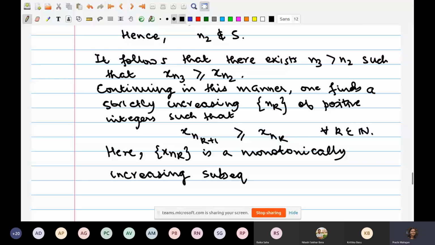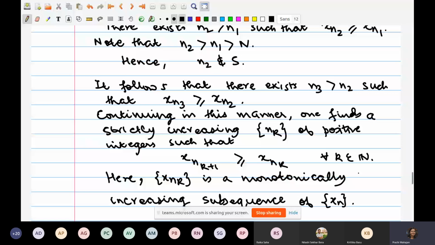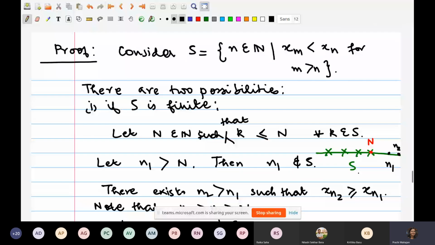Is this okay so far with everybody? Yes, ma'am. Yes? Okay, so if that is a yes with everybody present here, then we look at case 2. So far we only looked at the case where S is finite. It's also possible that S is infinite, right?